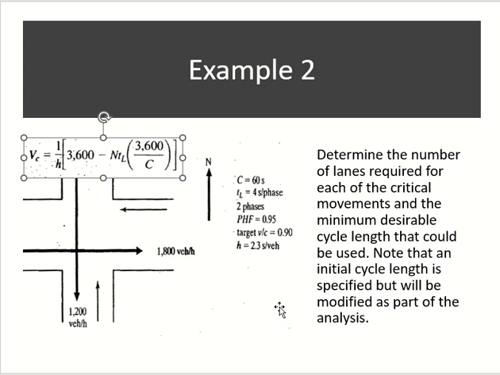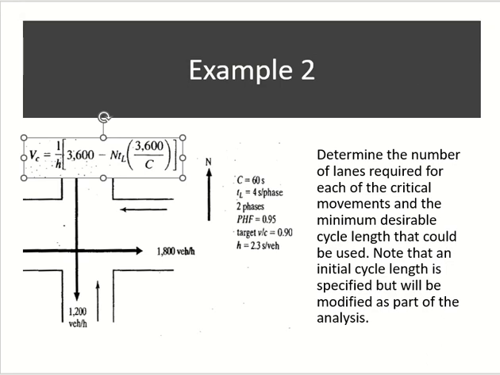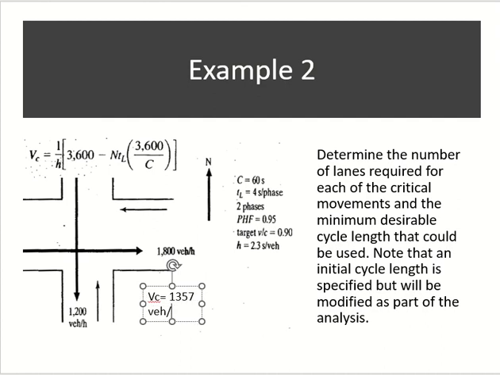Yes, how much? So my VC is 1357 vehicles per hour. Right now I can handle this much. With the current design I can handle this much. But how much do I actually have?